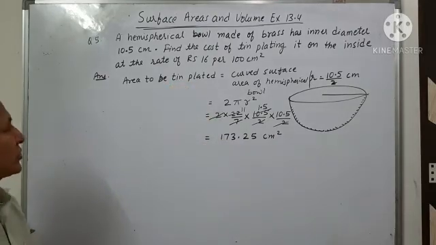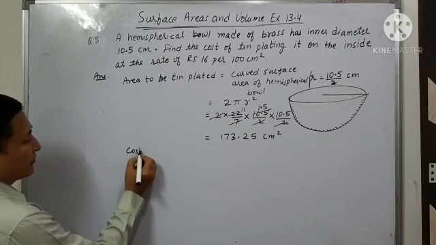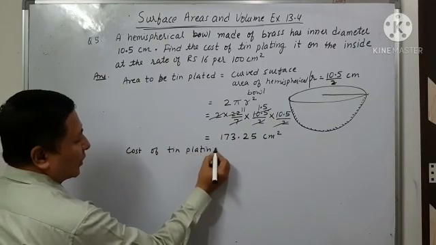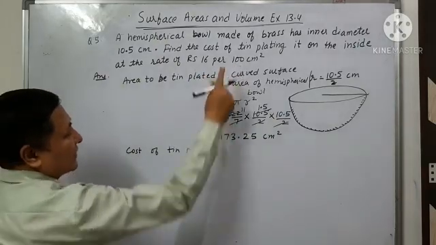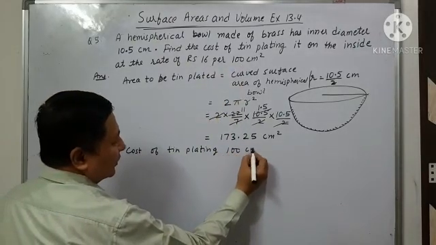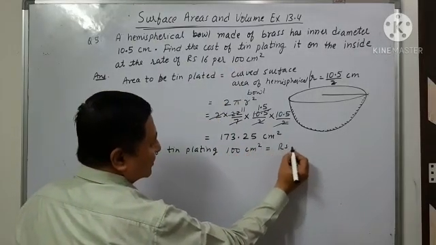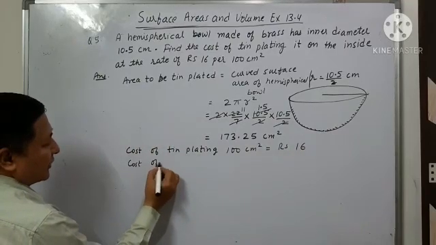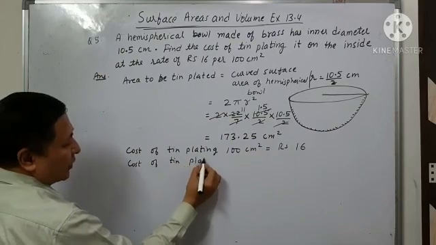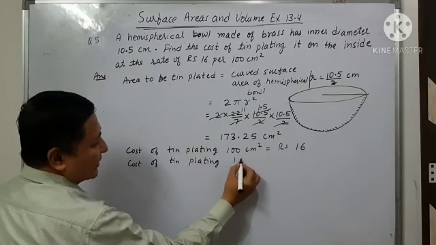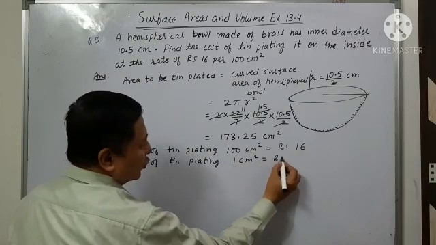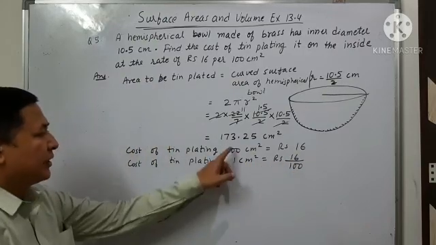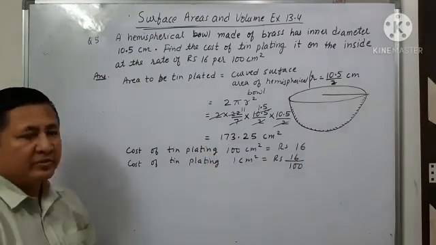Now we have to find the cost. So the cost of tin plating: in the question it is given that 100 centimeter square costs rupees 16. So the cost of tin plating 1 centimeter square will be rupees 16 upon 100, but we have to tin plate 173.25 centimeter square.